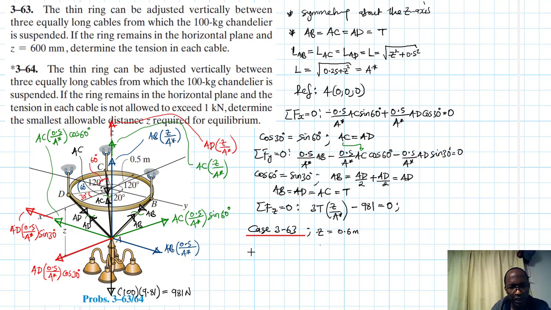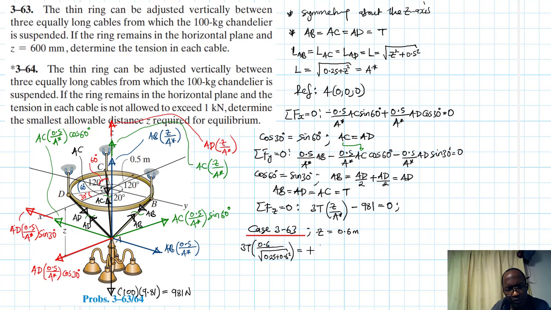So let's find the value of T. We have 3T times Z, which is 0.6, divided by A star, and A star is nothing but root of 0.25 plus 0.6 squared.